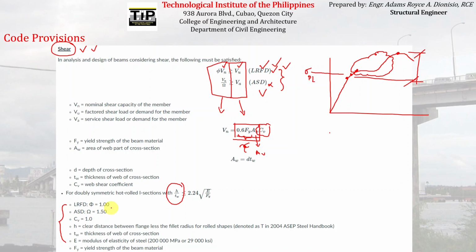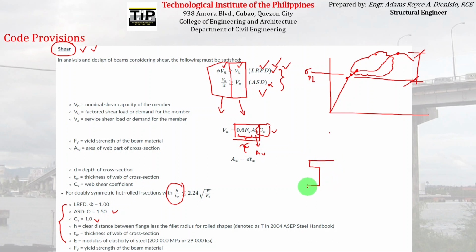For LRFD, the phi that can be used is equal to 1, while the omega can be equal to 1.5, and the corresponding web shear coefficient can be equal to 1. And then the h here is actually the clear distance between the flanges less the fillet radius for rolled shapes, denoted as T in the 2004 ASEP Steel Handbook. So I already defined that h.